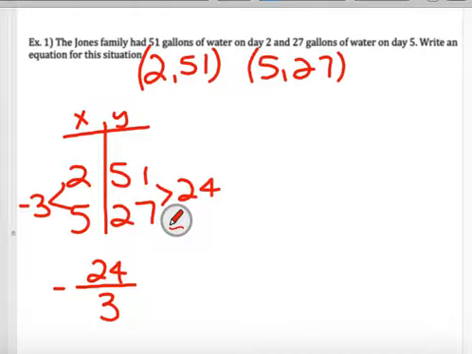So I'm progressing through my table at what rate? 8 gallons, right? Or I have a unit rate of negative 8. So 8 gallons per day, my unit rate is negative.